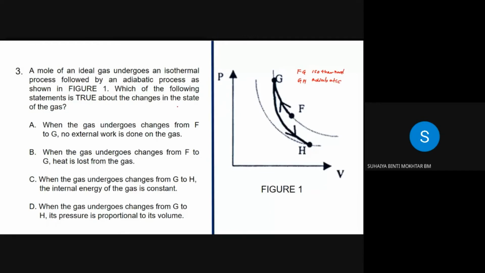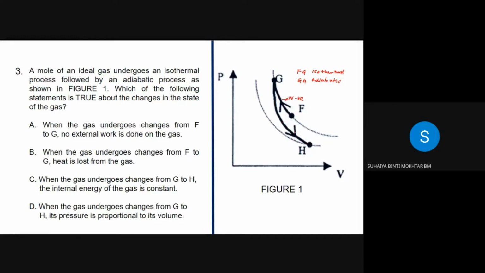In the case of FG, isothermal, does the volume increase or decrease? Look at the arrow. The volume decreases, right? So when volume decreases, the work done should be negative. Why negative? Because the volume decreases. And then in the adiabatic case, the volume increases, right? This is adiabatic expansion.